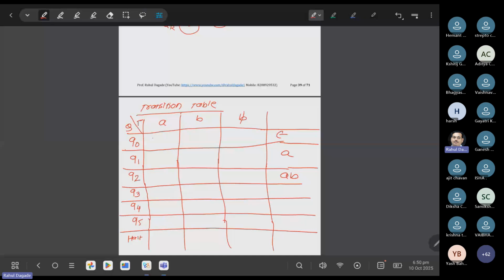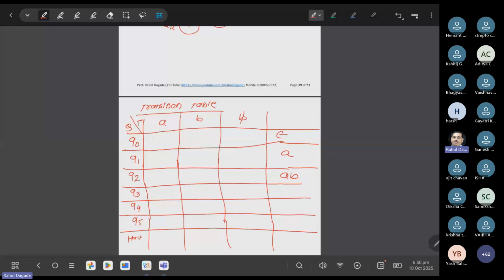See here, come to Q3, come to the left. That is after reading A, B, B. So now this B is read by Q2. And then the pointer is coming here in Q3 state. Then again this pointer must come back here in Q4 state.